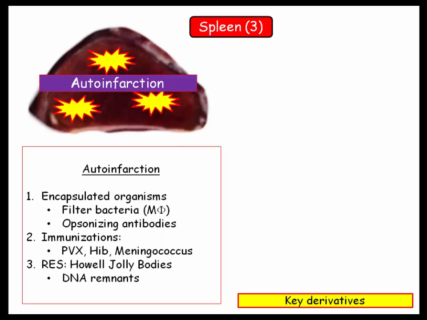The second point related to the spleen addresses autoinfarction. Autoinfarction refers to splenic fibrosis secondary to repeated ischemic events. The NBME is aware that you know this, so they ask derivatives based on this premise. The favorite questions have to do with infection by encapsulated organism. They assume you know the bugs, namely strep pneumonia, Haemophilus influenza type B, and Neisseria meningococcus.